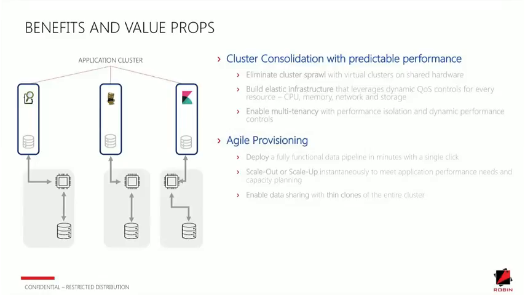You can deploy multifunctional data pipeline components with a single click of a button. We can scale out and scale up instantaneously to meet application performance needs. We help enable data sharing, as we showed you using thin clones of the entire cluster. And finally, we allow you to do time travel, restoring or refreshing your cluster to any point in time. Even when my Elasticsearch cluster had a data corruption, we could bring it back to the original state with a click of a button.